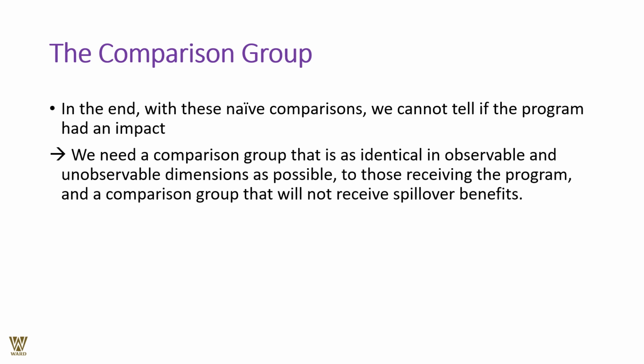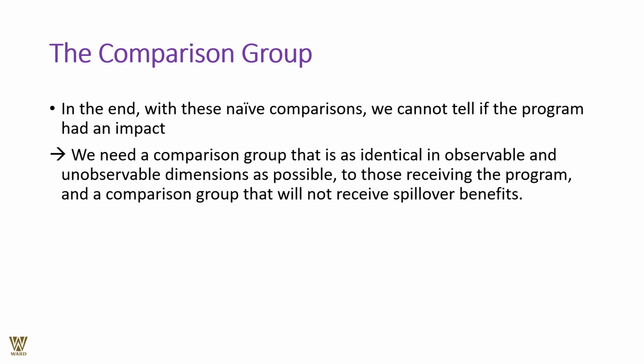We need a comparison group. Until now I was trying to impress you with this particular video and the technology, but now I'm trying to tell you what happens with every other factor remaining constant.